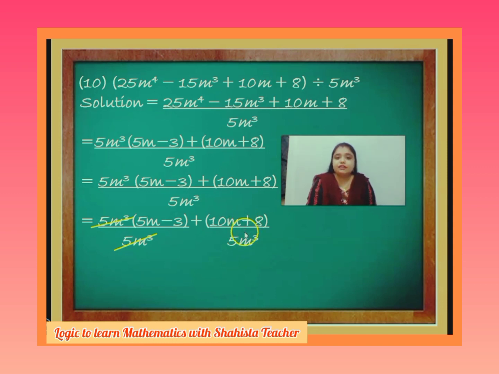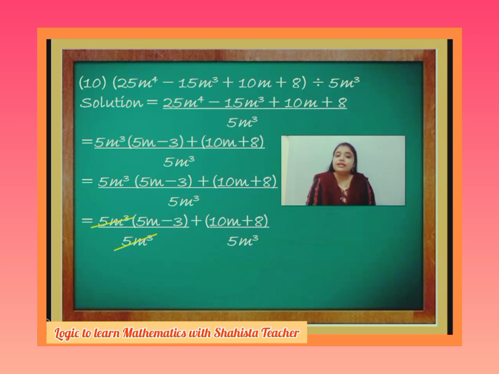Here 5m cube is there and here 10m, it cannot be divided. Why? Because the power of this is 3 and the power of this is an invisible 1. That means it cannot be divided. 5 can divide, but the relation of m cube and m is such that it cannot divide. If there was a cube here as well, we could easily divide it, but here there is no cube.